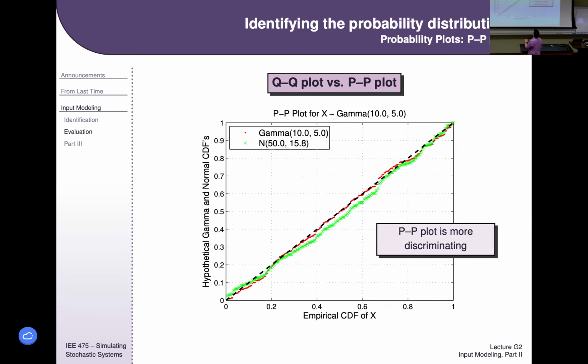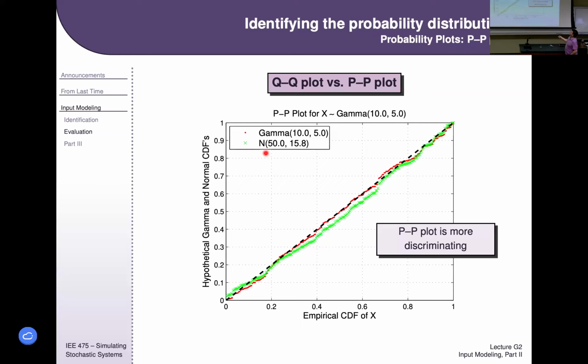So then I go to my PP plot, and in the PP plot here, I've got this normalized rank on the x-axis, and I've got my hypothetical rank, what I would expect if those data points were run through the CDF for both of my hypothetical distributions.